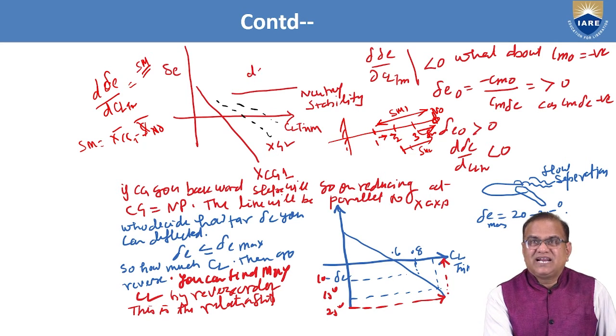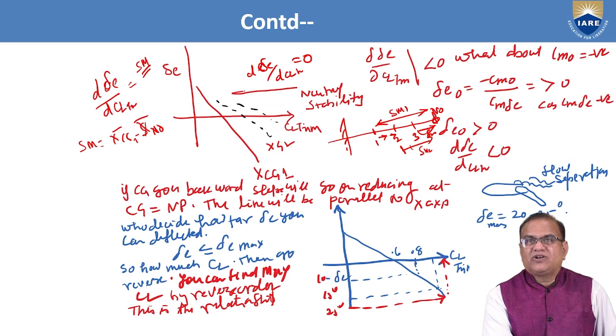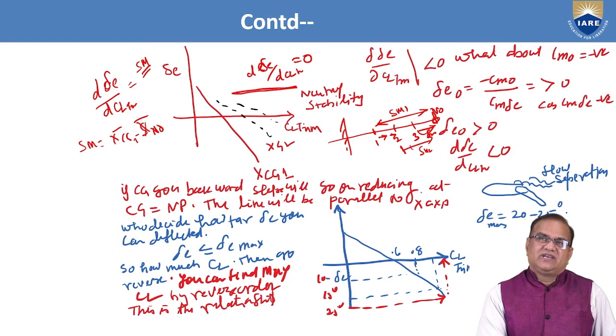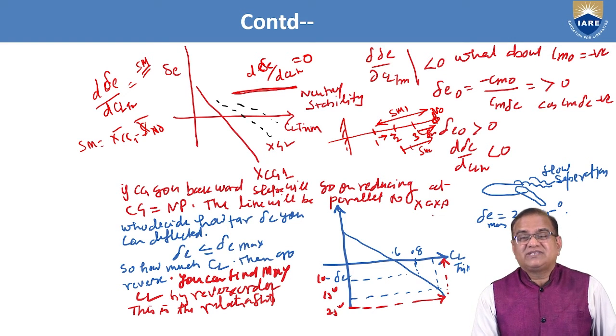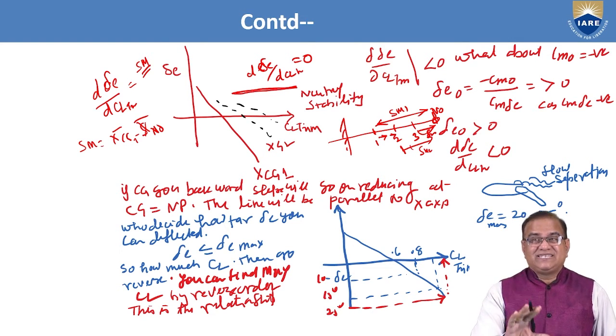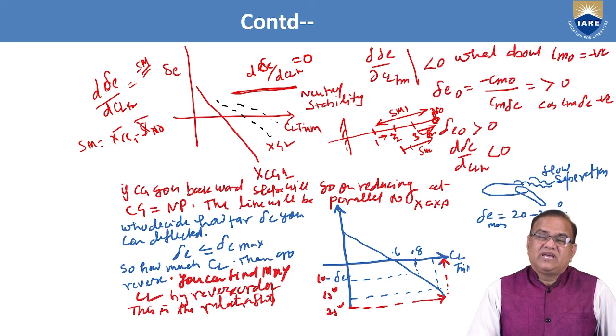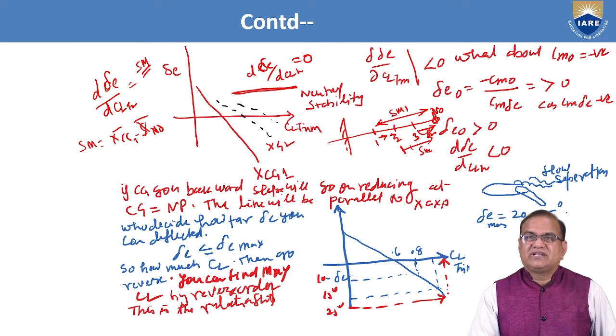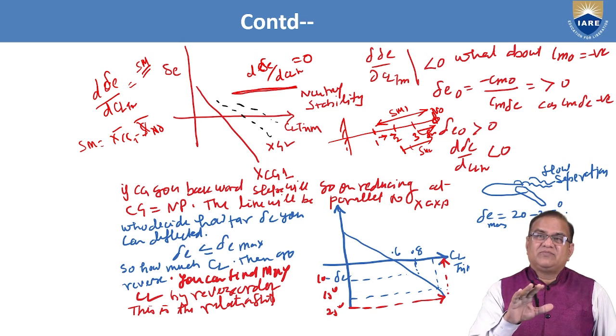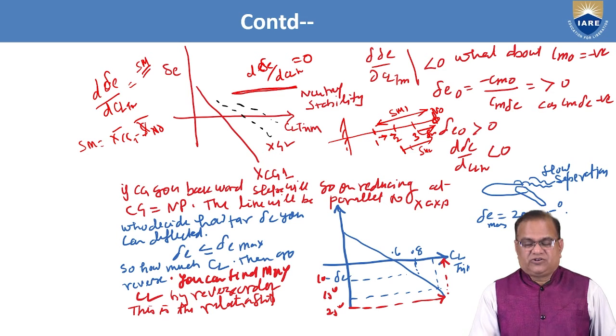So in this, d delta E by d CL trim is equal to 0. With the straight line, you won't get any slope. So when the CG is shifting to the aerodynamic center or neutral point, at that time the slope will be negative.